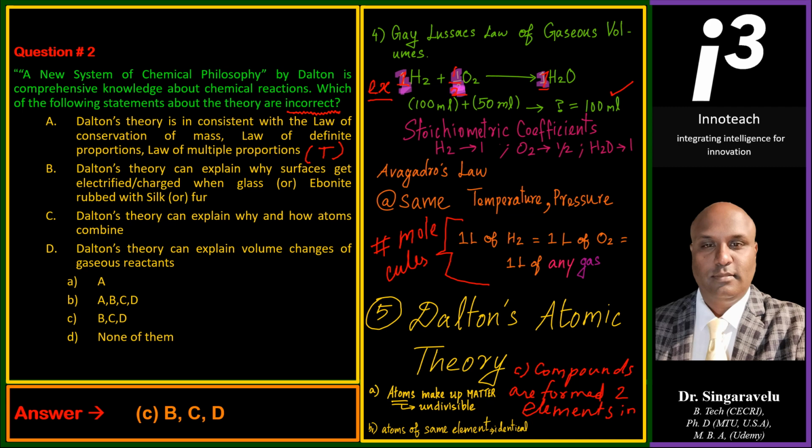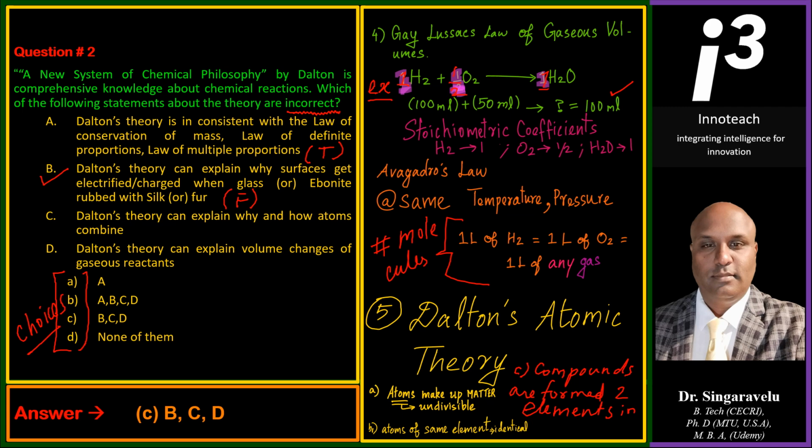He never discussed any such phenomena. So this is not a correct statement. Maybe we note it as false. So we have to select this one as one of our answers from the choices A, B, C and D.